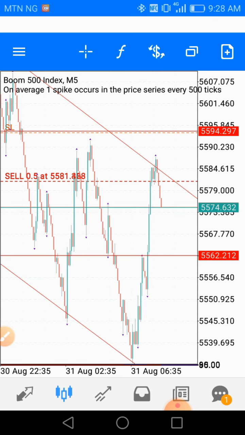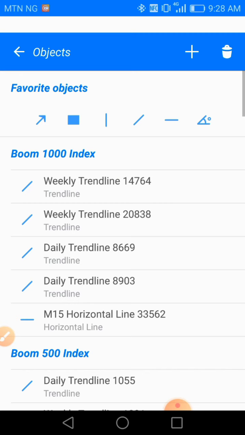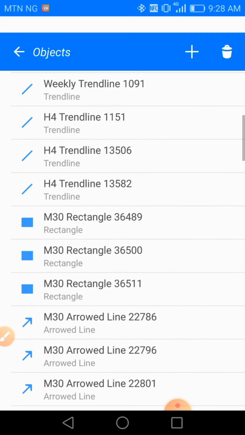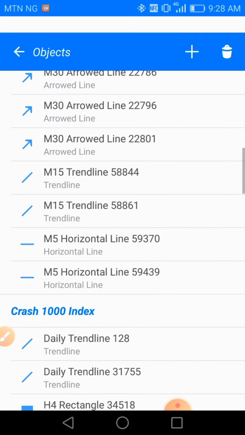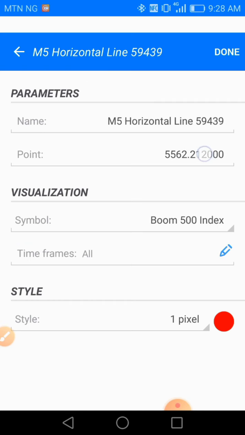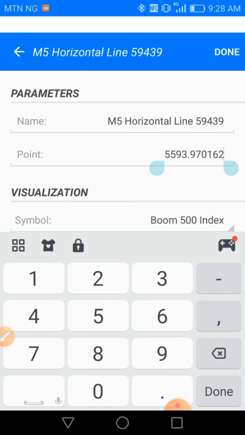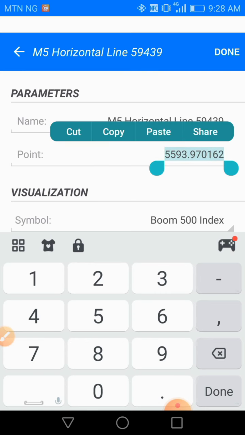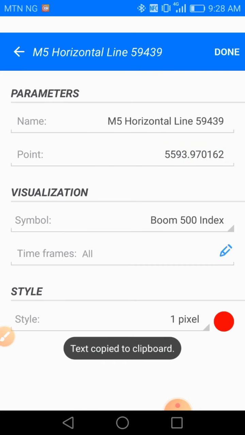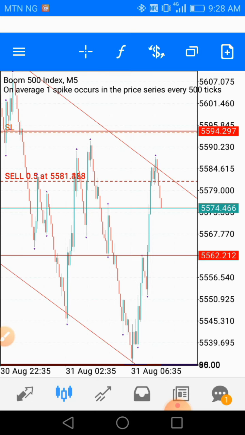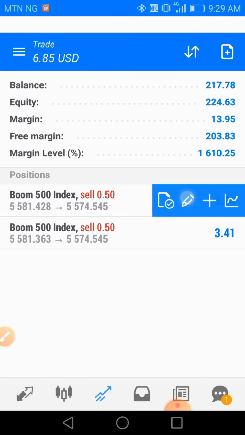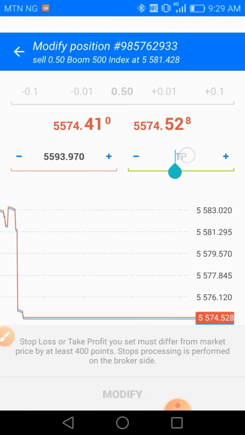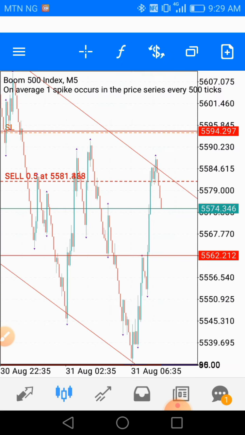Now let's go to this place, and then pick the value of the points of the horizontal line we put for our TP. Then you copy it here. Oh, sorry about that. You copy, then you go back to the same place, and then you paste it on TP. Oh, that was a mistake.